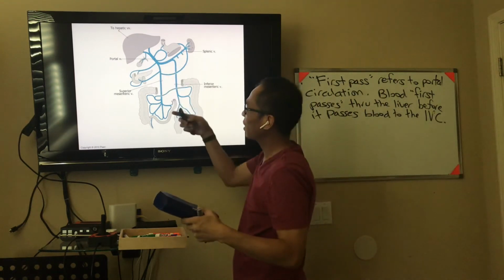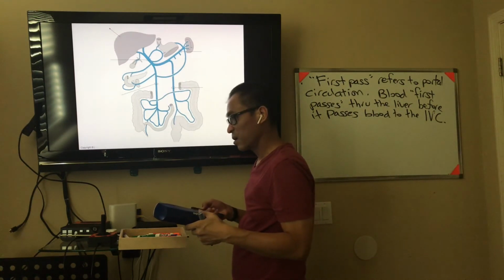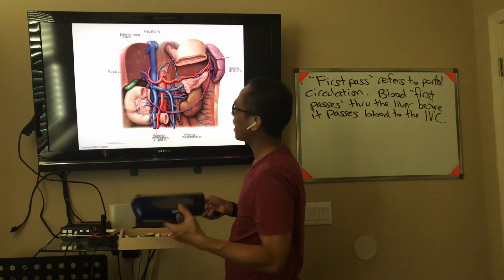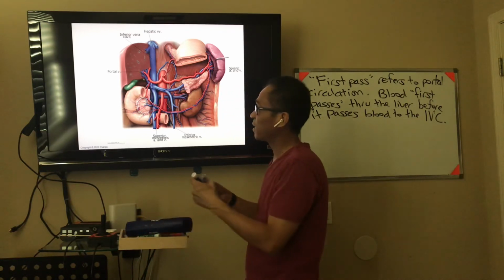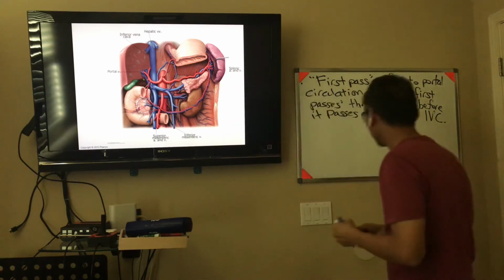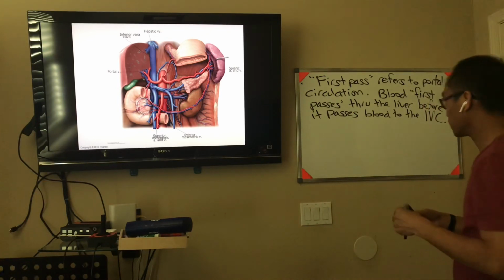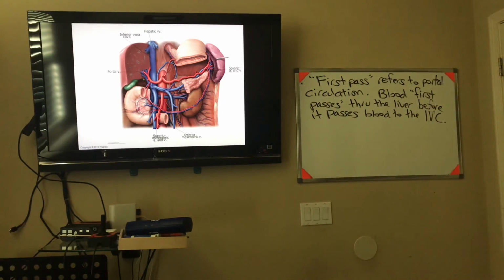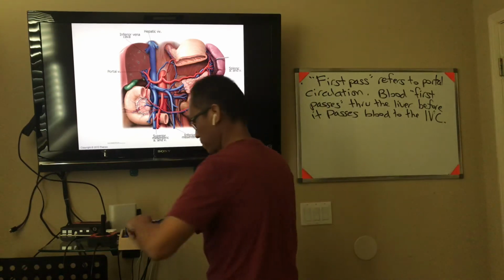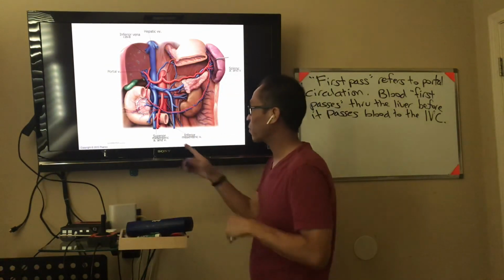So what you see here, let's just kind of look at this picture here. This picture here is pretty good. Both pictures are pretty good. Let's use this picture here to kind of map out some of these veins that drain into the portal vein. So here, remember this, it's going over the duodenum.